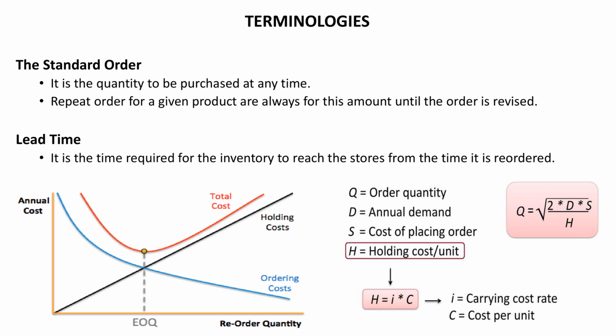The standard order Q can be determined by the equation Q equals the square root of 2 times D times S, all divided by H, where D is the annual demand, S is the cost of placing the order, H is the holding cost per unit, and Q is the standard order that can be bought at any given point of time.